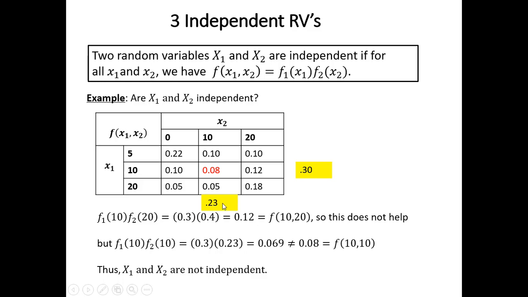But if I multiply the corresponding marginal probabilities, this row sum, still 0.3, and this column sum, 0.23, when we multiply these two, we get 0.069. Since this product is not equal to the stated value, 0.08, we can conclude that x1 and x2 are not independent.